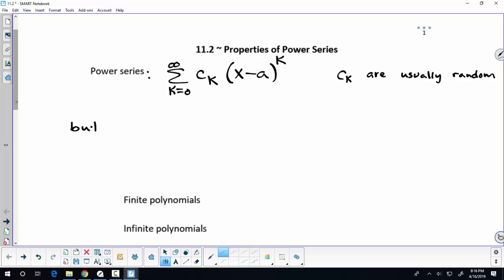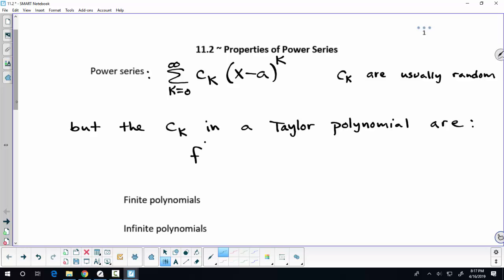But the c sub k's in a Taylor polynomial are specific: the kth derivative evaluated at a, times x minus a to the k, over k factorial.